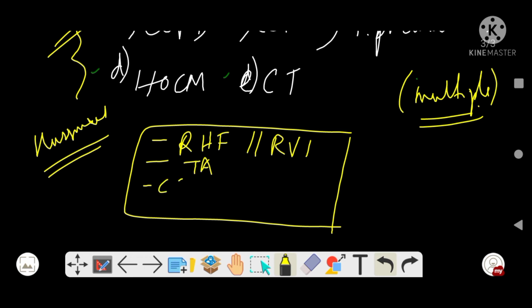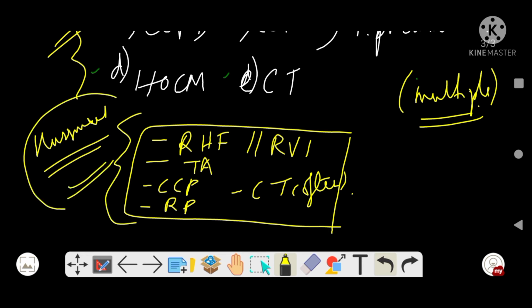Then is your chronic constrictive pericarditis. Then restrictive pericarditis, and often in cardiac tamponade. So these are the conditions where you can see your Kussmaul sign, or the increase in JVP during inspiration. So remember, increase in JVP during inspiration.